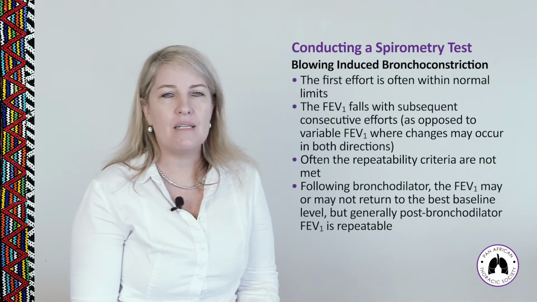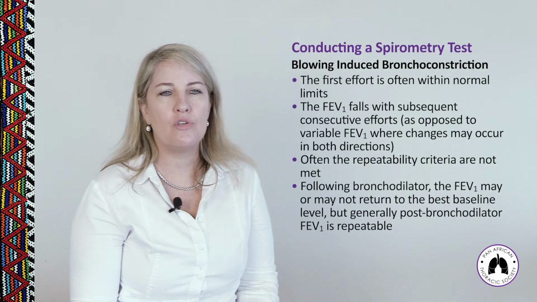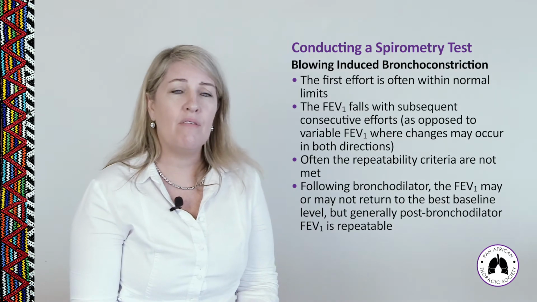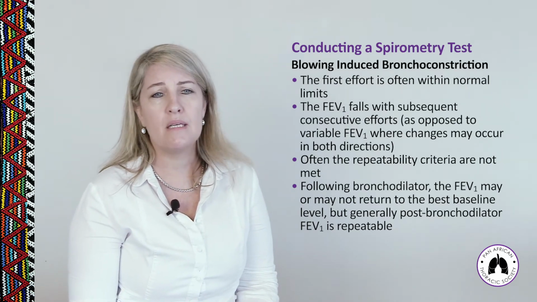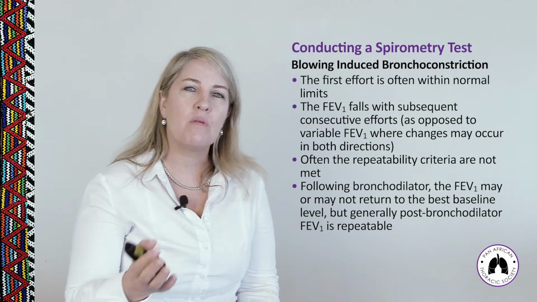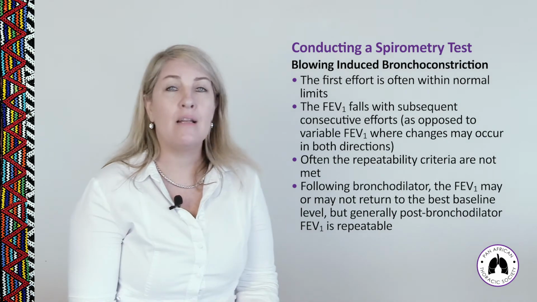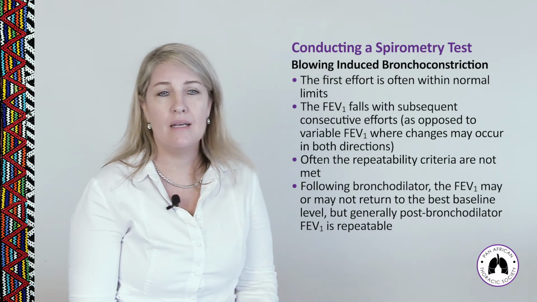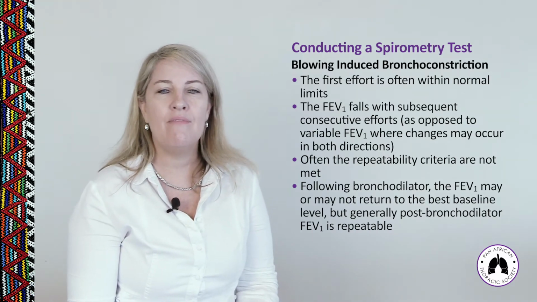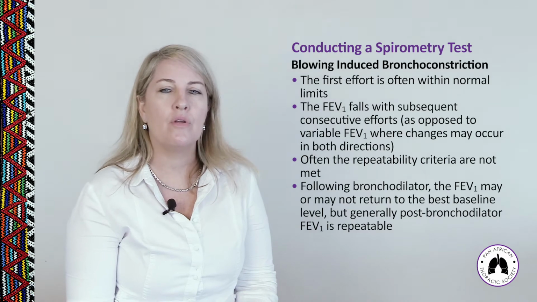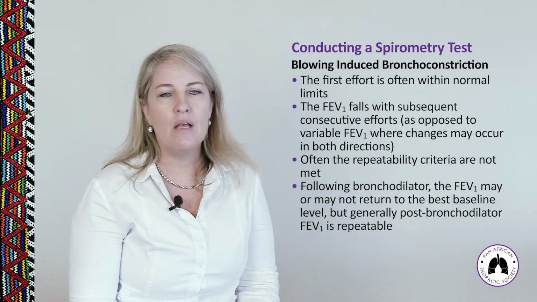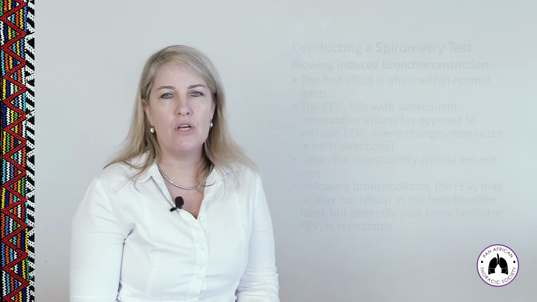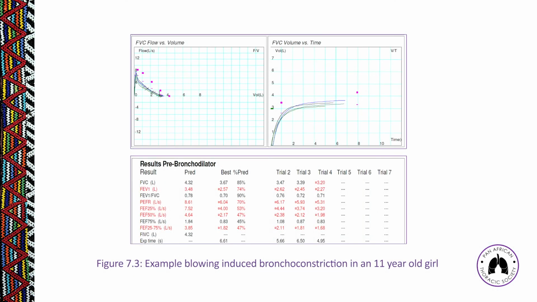So the typical pattern seen in blowing-induced bronchoconstriction presents as the first FEV1 is often within normal limits, but the FEV1 then falls with each subsequent blow, and often in that case the FEV1 repeatability criteria are not met. Following the bronchodilator, the FEV1 may or may not return to the best baseline level, but you need to have a look at that.